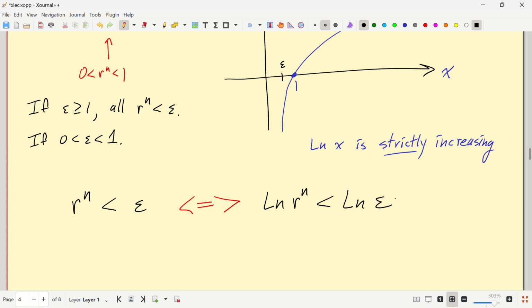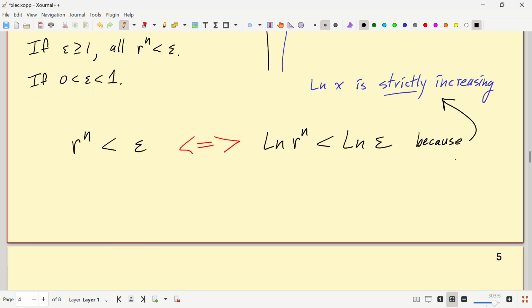That's because that thing is a strictly increasing function. Okay, that's something you need to sit down and convince yourself that you believe.